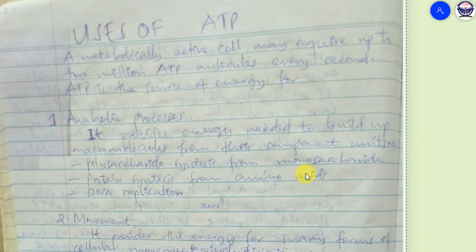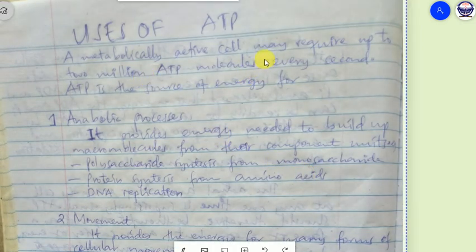Now, a metabolically active cell may require up to 2 million ATP molecules every second. ATP is the source of energy for, first, anabolic processes. Anabolic processes are those processes which build things, so they involve synthesis of different materials in the body.